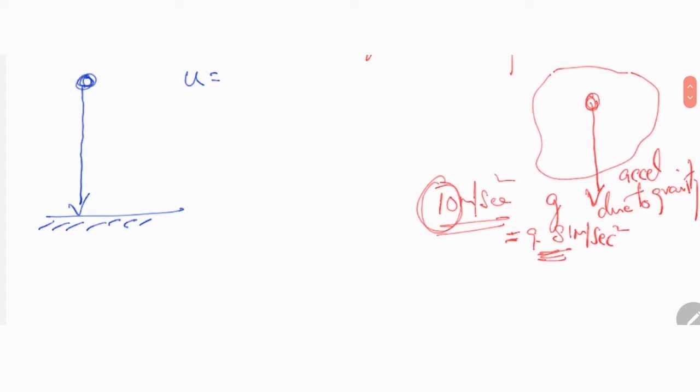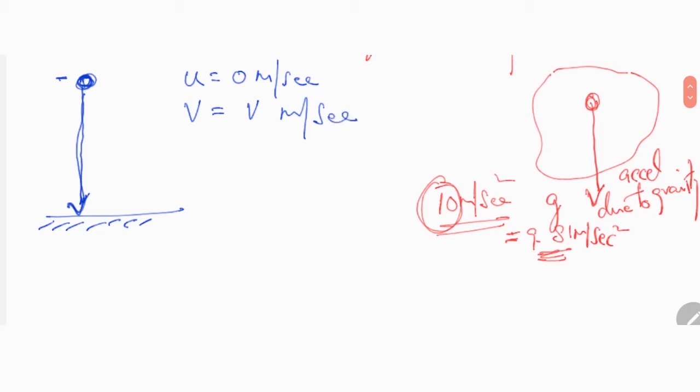When the ball is left to just fall from this point, what is its initial velocity? It is obviously 0 meters per second, right? And when it reaches here, it has a final velocity which we don't know, so we'll leave it as v meters per second.